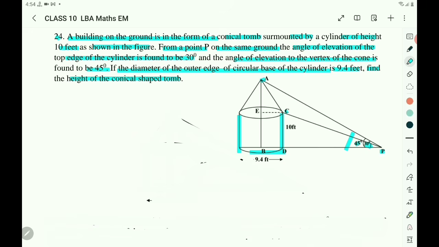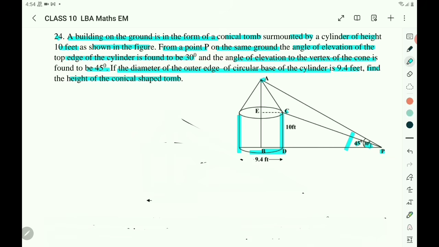What we have to find out? We have to find the height of the conical shape. The diameter of the outer edge of the circular base is given. Diameter is from here to here and radius is BD.